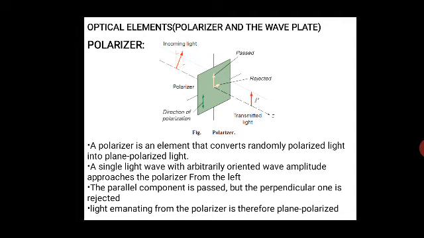Whenever a light wave with arbitrarily oriented amplitude approaches the polarizer from the left, the parallel component is passed but the perpendicular one is rejected. The light emitting from the polarizer is therefore called plane polarized light.